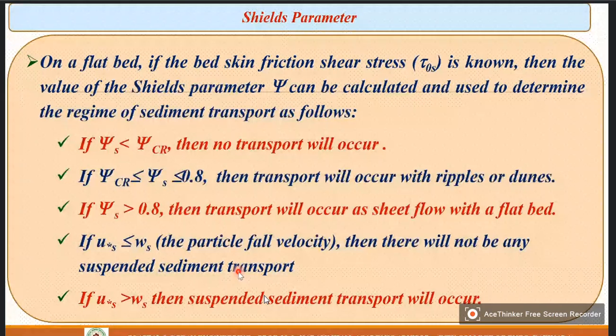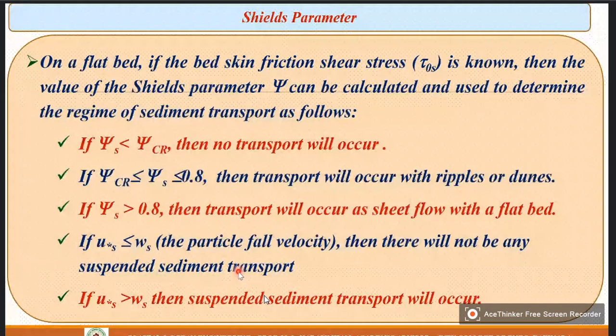So when psi is greater than 0.03, there is a likelihood that the sand grains will move. That is the critical value of psi. Psi critical is 0.03 for sand. Here gamma is equal to rho g and Ss is rho s by rho, which we have not taken here.